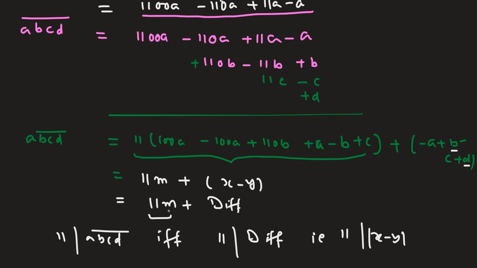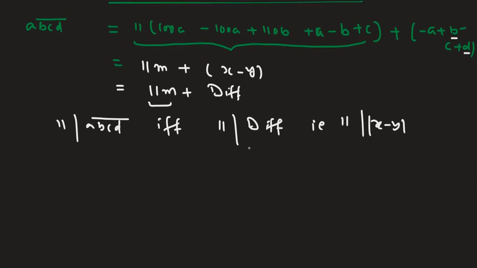Okay, now there are also some divisibility rules like for 7, 13, 17, 19. I basically want to give you these as homework. Try to find out the divisibility rules for 7, 13, 17 and 19.